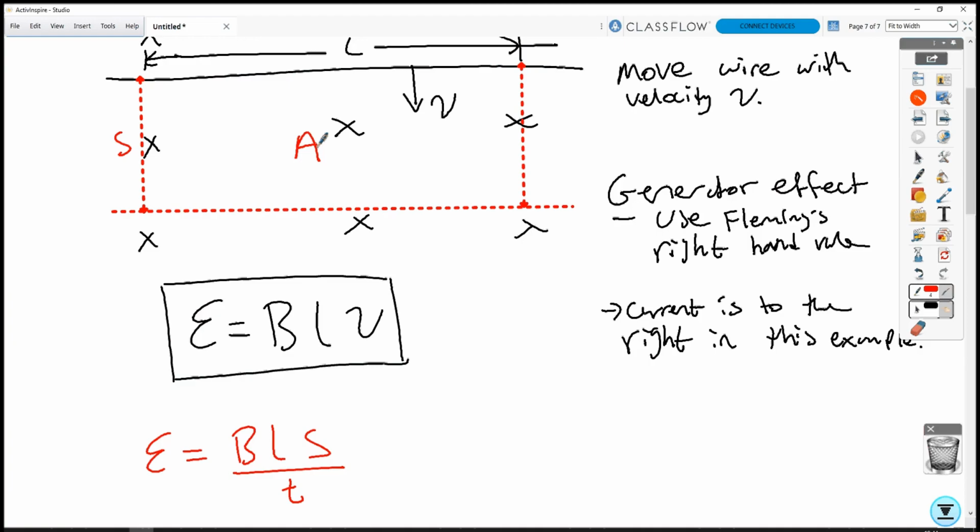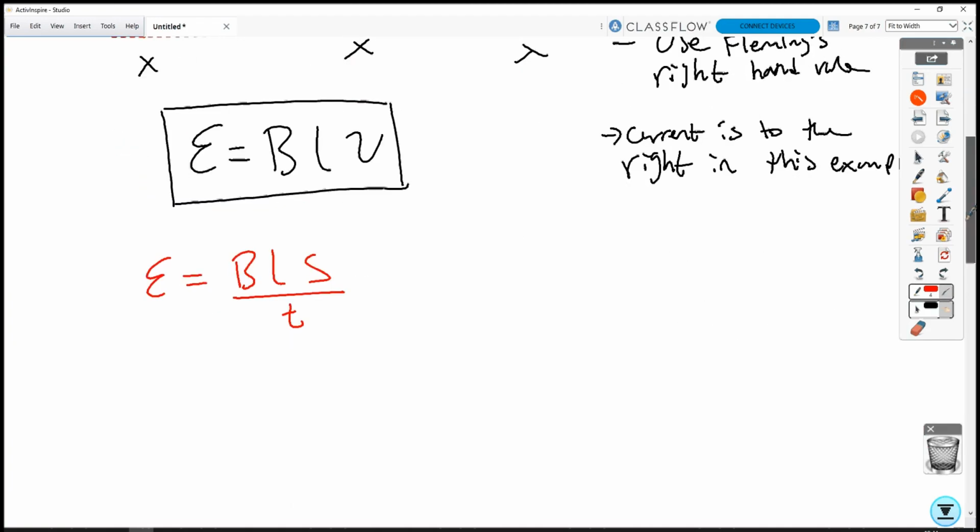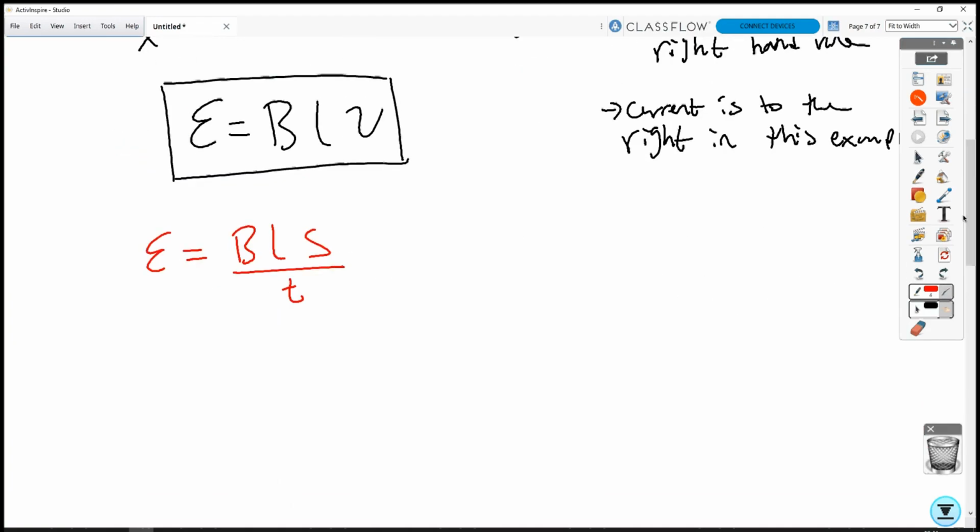So we can see that creates some area. So that wire has swept an area within that field. So L times S is an area, so it's BA over T.